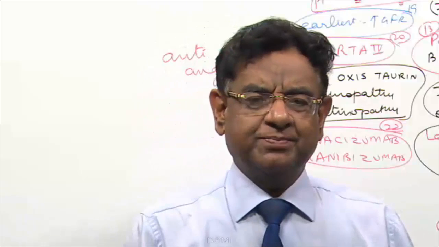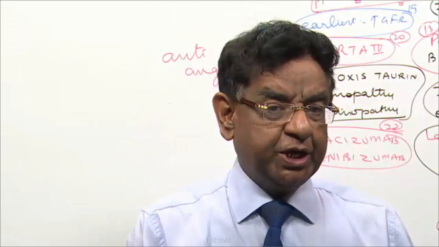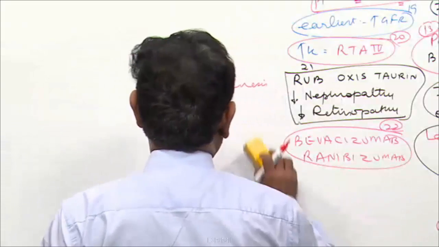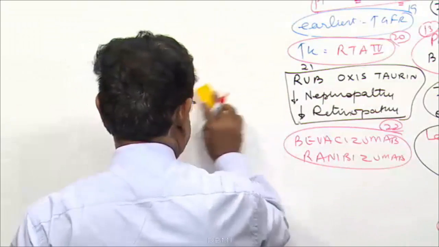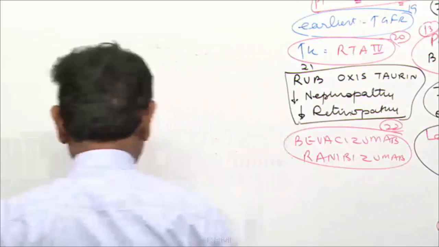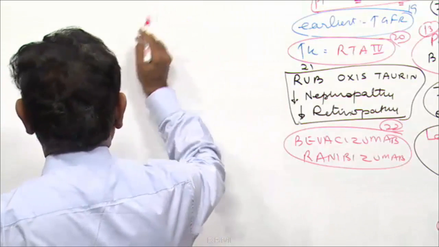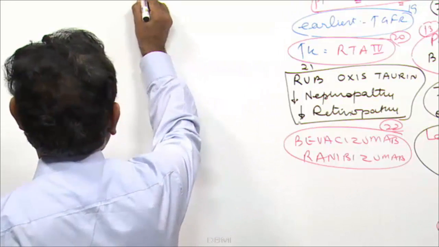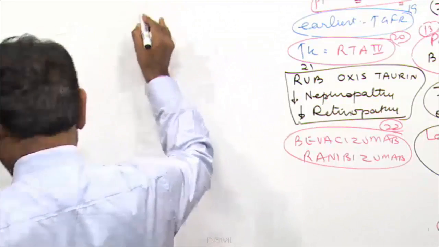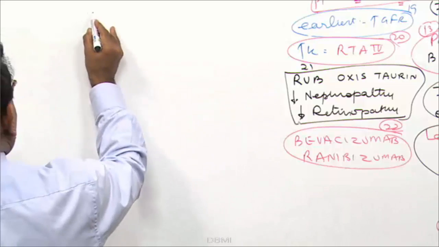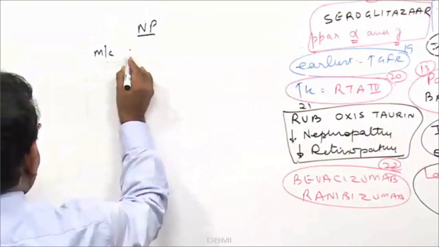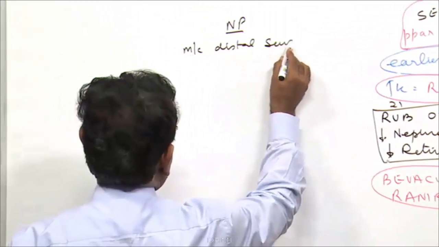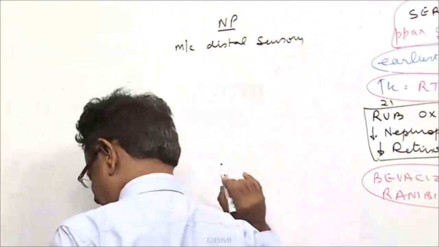Now we talk about diabetic neuropathy. Neuropathy is the biggest problem in diabetes. NP is neuropathy. Most common is distal sensory neuropathy.